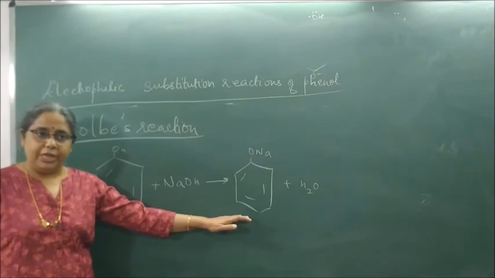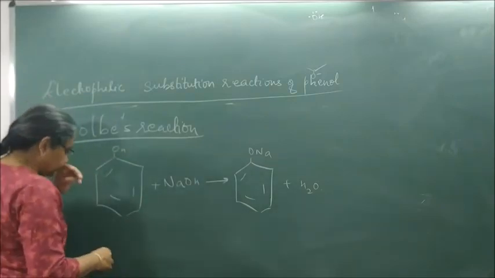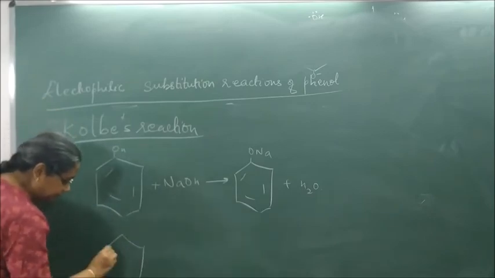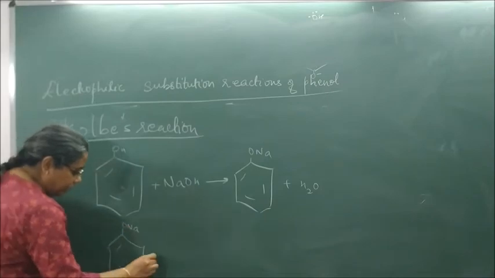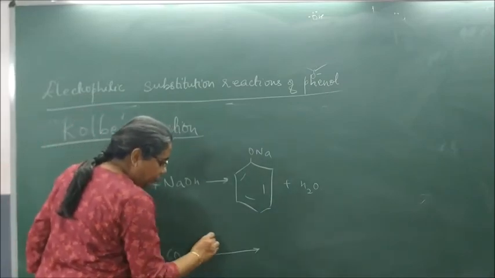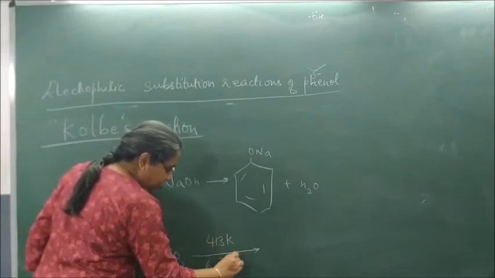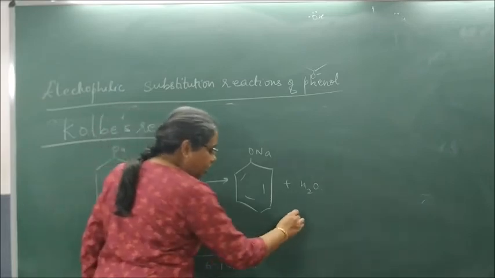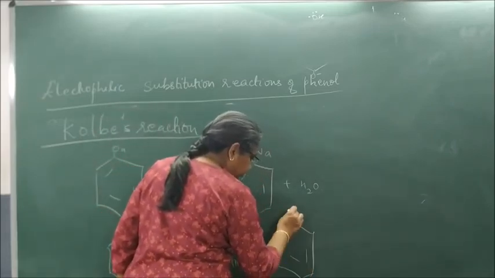Sodium phenate. Fine. Now this sodium phenate, when it reacts with what? Carbon dioxide at what Kelvin? 413 Kelvin at 6 to 7 atmospheric pressure, you get what? Sodium salicylate.